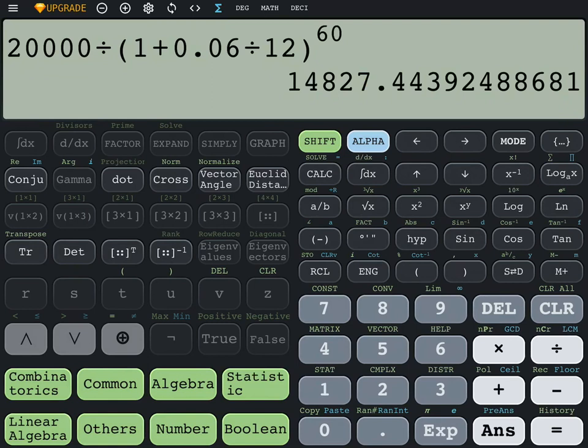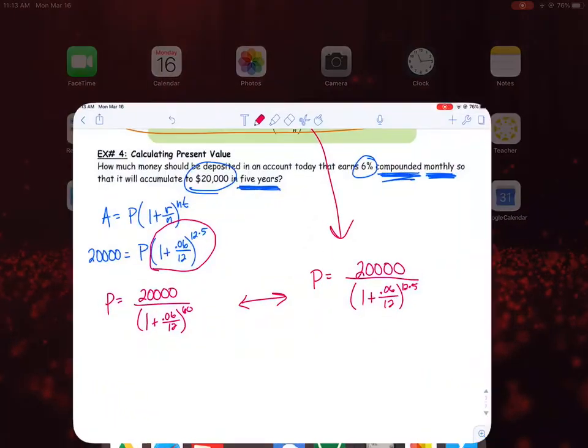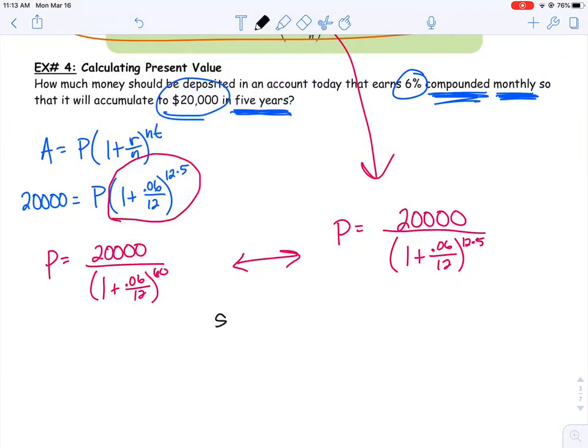You should end up getting $14,827 and some change, right? Let's write it down. So I have $14,827.4439, and then it kept going, didn't it?